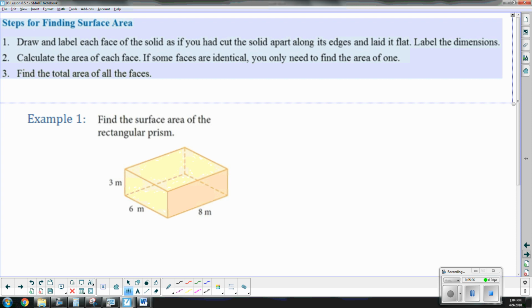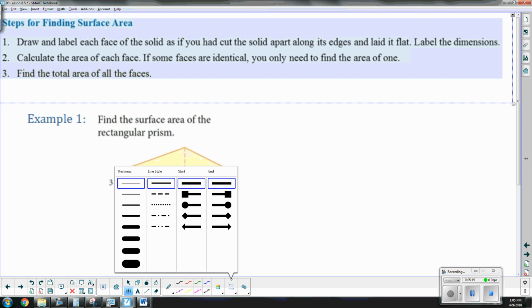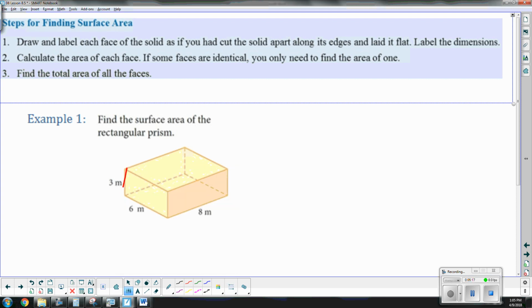So looking at this regular prism, this is a rectangular prism. So we're going to look at the faces. So we've got this rectangle that measures 3 by 6, which is the same as this rectangle back here.